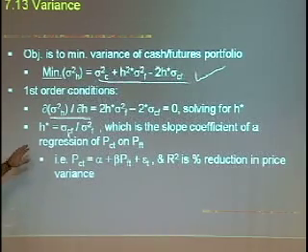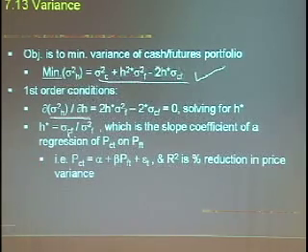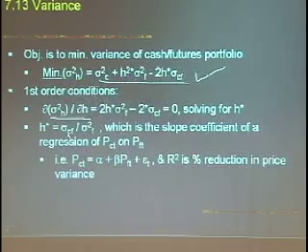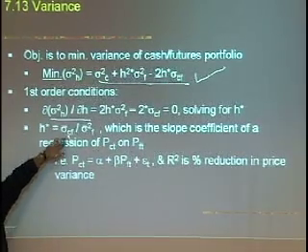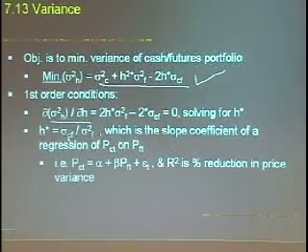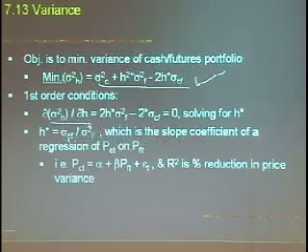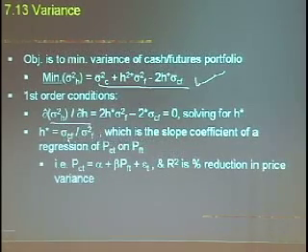And you see that h star, which is our optimal hedge, is equal to the covariance between cash and futures divided by the variance of the futures price. If you recall back to econometrics 106, you might recognize that as the same as the slope coefficient if you regress cash on futures. Remember, (X'X) inverse X'Y.